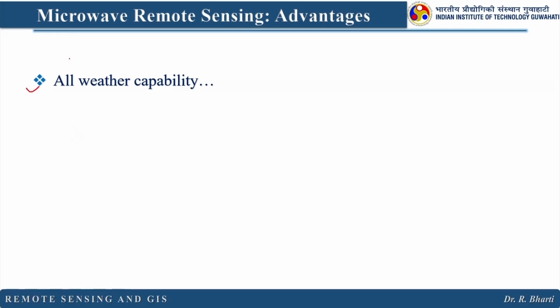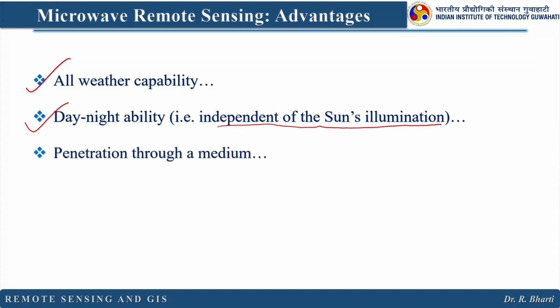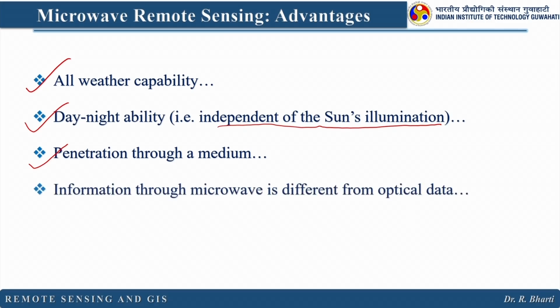So first one is all weather capability. Second one is day and night ability. So independent of the sun's illumination when you are engaged in active microwave remote sensing image generation, right. Penetration through a medium. So it can penetrate your target. Now we will see some examples. And then information through microwave is different from optical data.